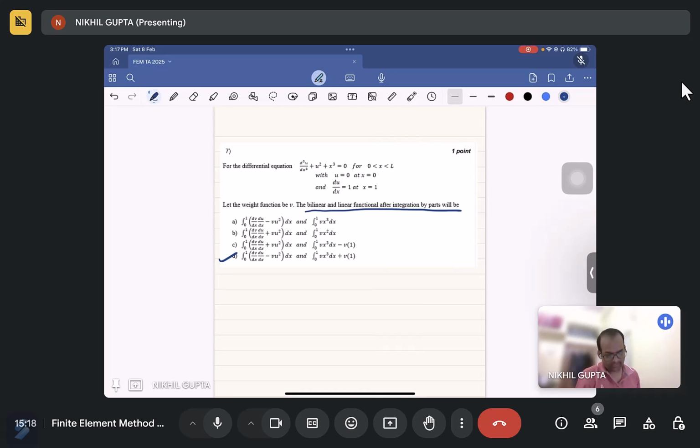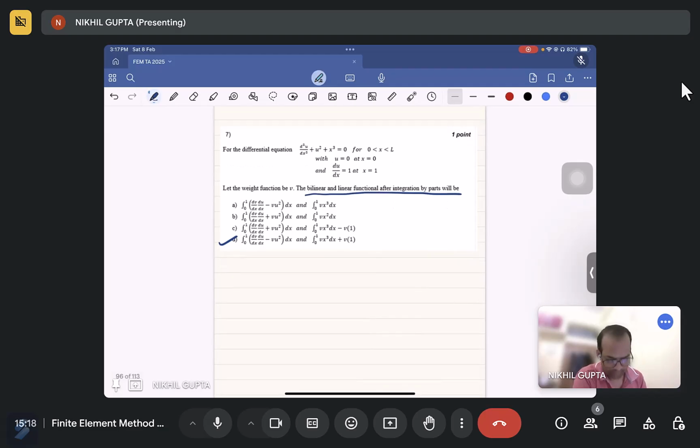Is anyone else also getting the same? No, I didn't get it. I don't think we get it here. Let's see it. So when you solve it, you will get integral 0 to 1 of V into d2u/dx square plus u square plus x cube dx equal to 0.